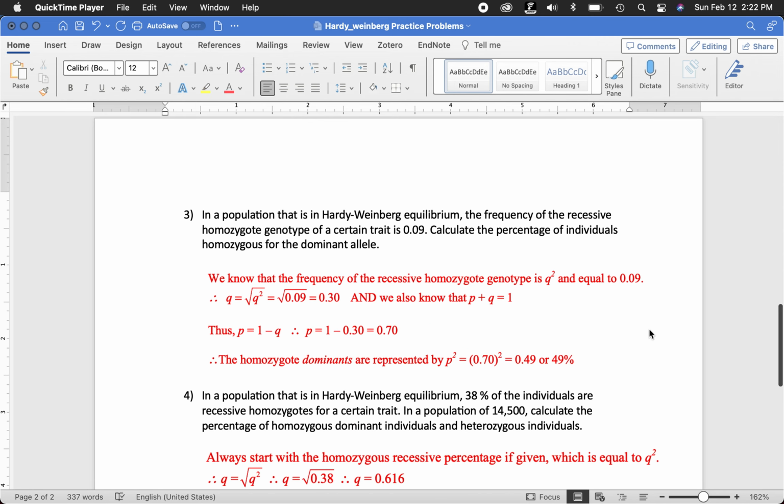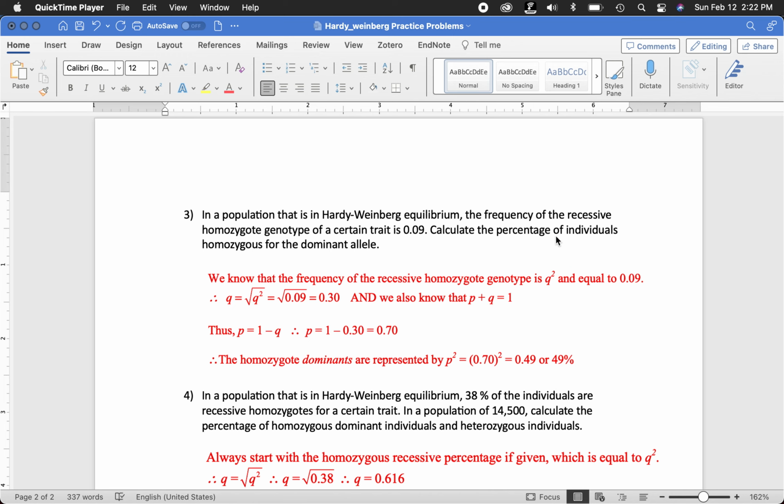Okay, so number 3. In a population that is in Hardy-Weinberg equilibrium, the frequency of the recessive homozygote genotype of a certain trait is 0.09. So this is where I was saying that frequency and percentage can be used synonymously.